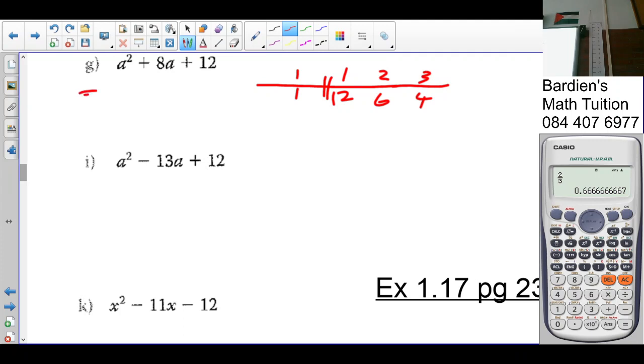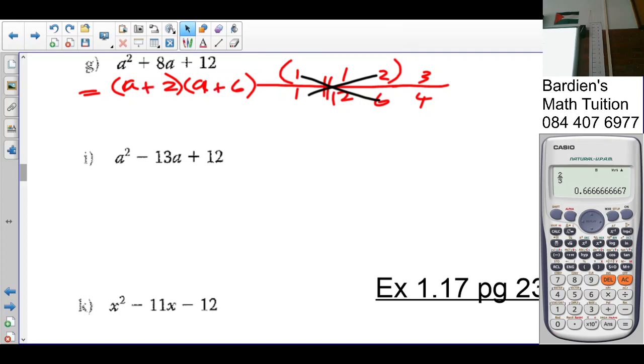We add them. So it's going to be 6 plus 2 is 8. So a 1 and a 2 goes in the bracket, and a 1 and a 6. There's an a squared, so there goes the a and a. What about our signs? Same sign. Both are going to be positive. Okay, any confusion there? No.